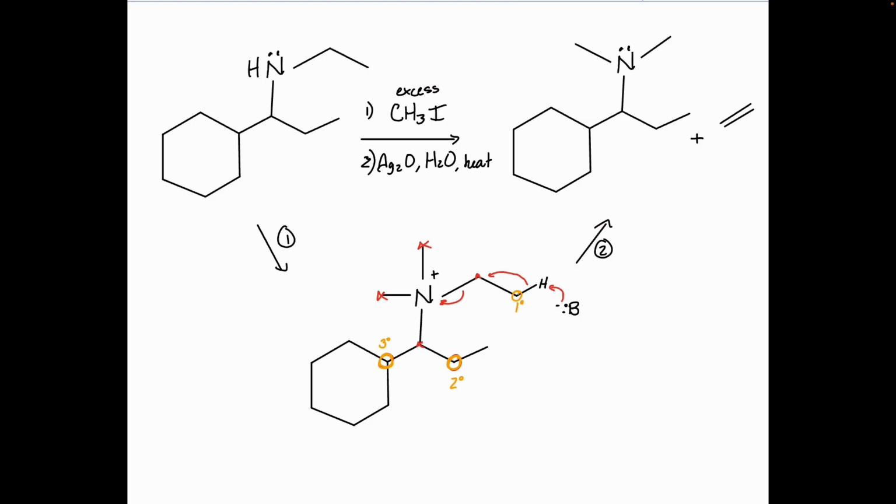If that was the most accessible one, yeah, like if there wasn't a primary carbon there. In general, then that reaction would be slower because you'd have to wait for that secondary carbon to be deprotonated, which would take longer, but yes, it would still occur.